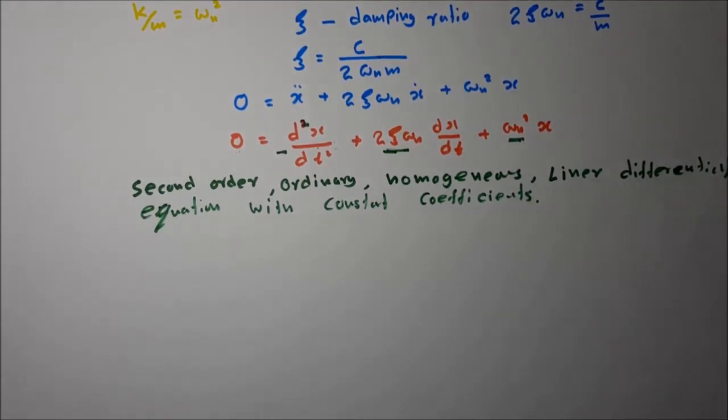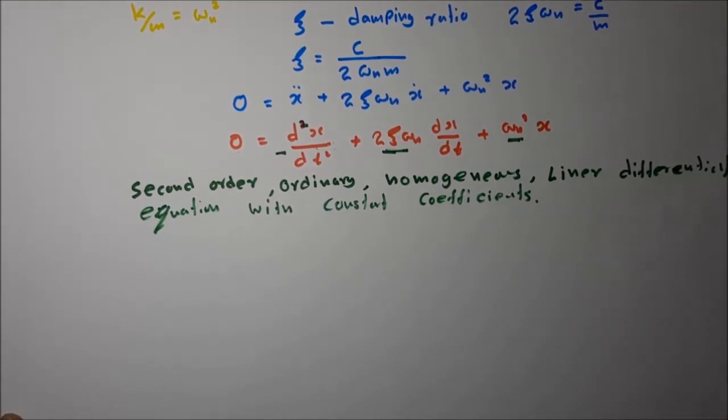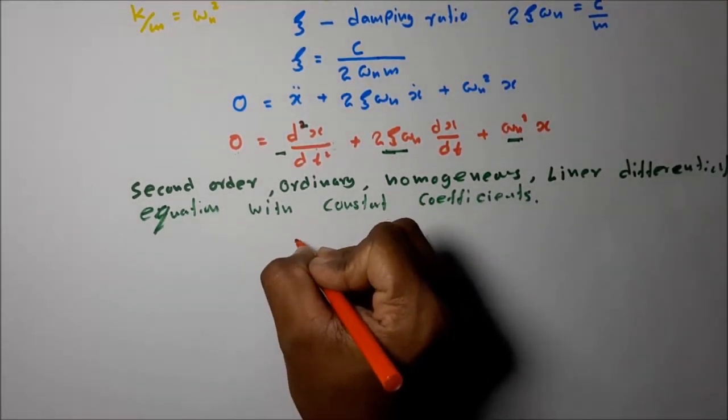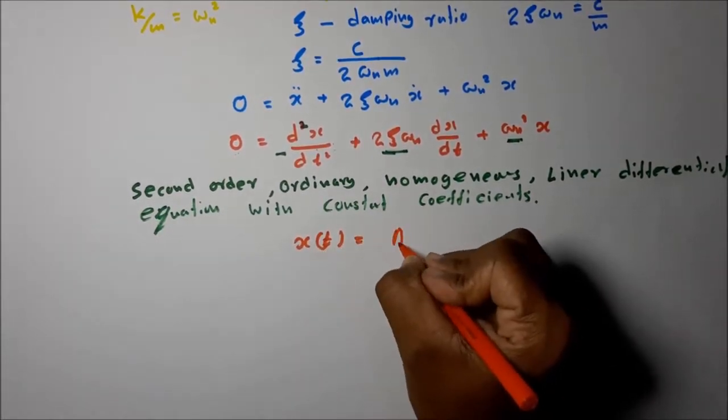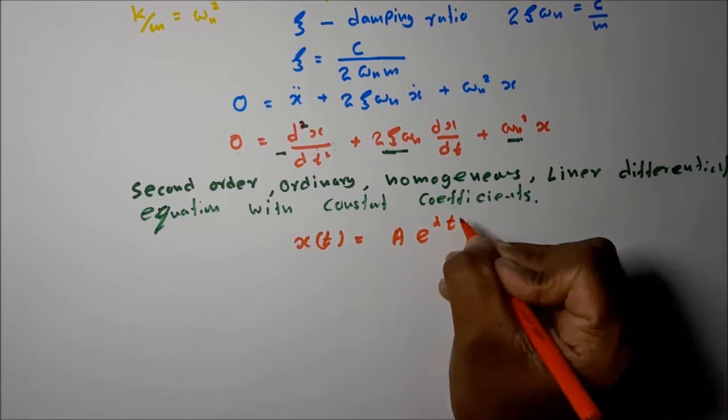Then how to solve this differential equation? Let me summarize. The solution of this differential equation can be written in the form x(t) equals A e to the lambda t.